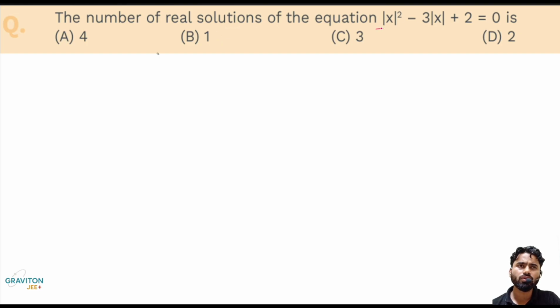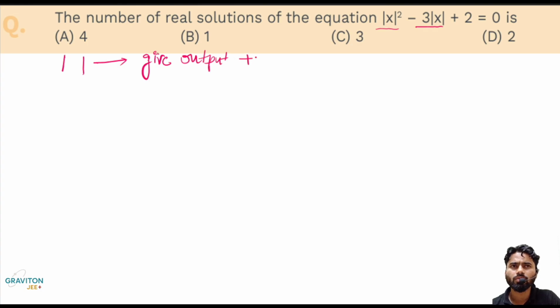Here you can see that the expression is given in terms of modulus, so first we have to understand modulus. What does the modulus function do? It always gives a positive output.